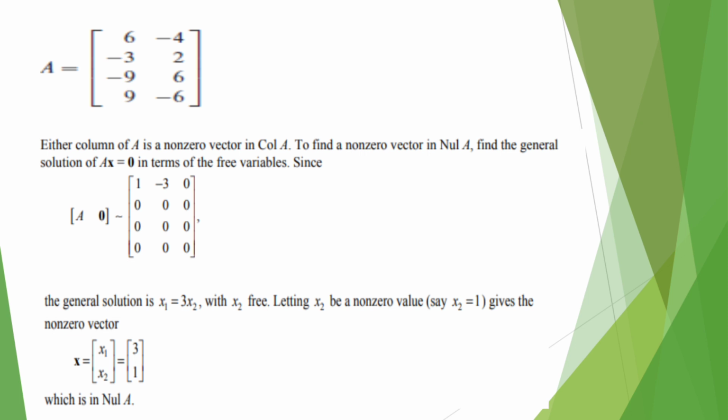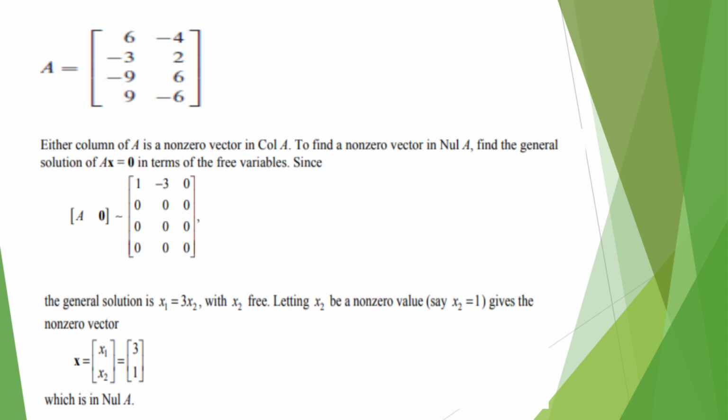Here A has two columns, so we have two variables in the vector x. First, matrix A is reduced to upper triangular form. Then we get the upper triangular matrix 1 minus 3, 0 0, 0 0, 0 0. From this we write equations.